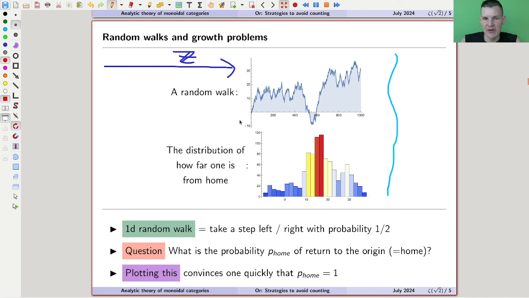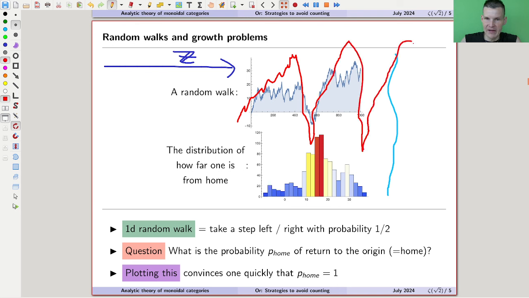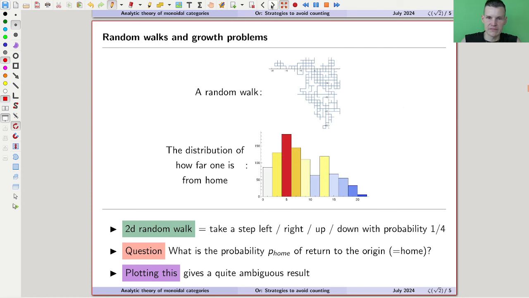It's a coin flip experiment. You eventually come back, and you eventually come back again. You can convince yourself quite quickly, and you can also do the calculation if you don't believe the simulation, that the probability of coming home is 1. So this graph is recurrent. The probability of coming home is actually 1. The graph is recurrent.